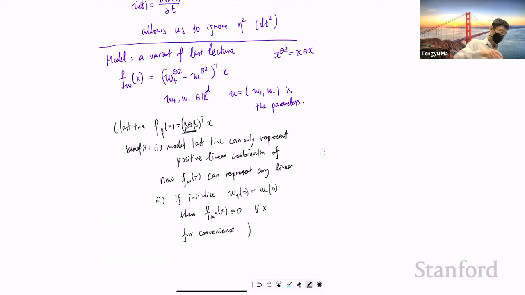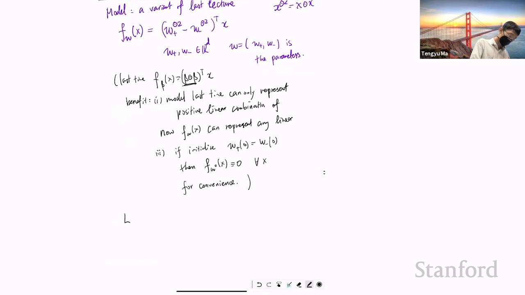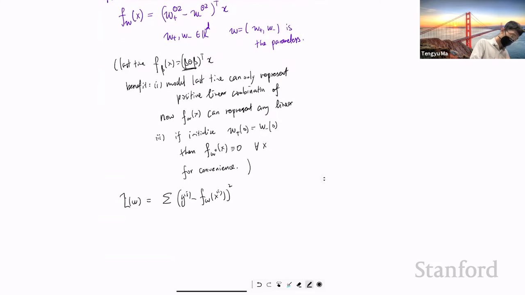Okay, continuing with the setup. The loss function, L hat of W, is the square loss. We consider the initialization as we discussed: W plus at 0 equals W minus at 0. So you get the zero initialization, as the functionality of the initial model is 0.